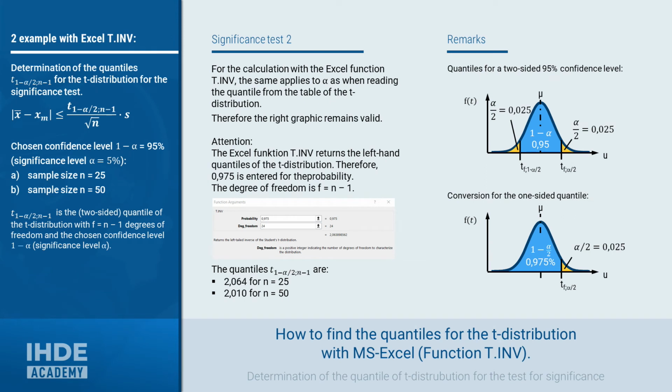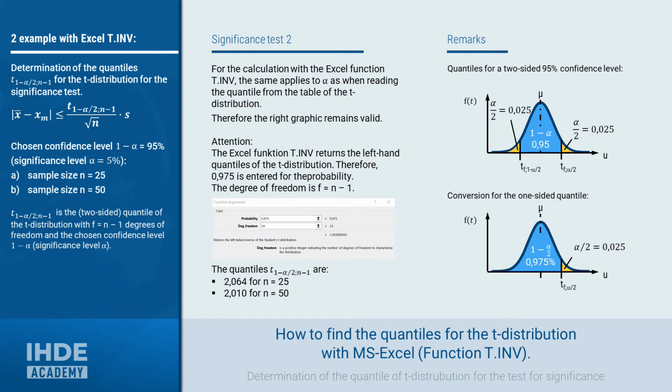For this, we use the Excel function t.inv. The conversion from the two-sided limited distribution to the one-sided limited distribution must take place here in the same way, which is why the representation on the right side remains valid.